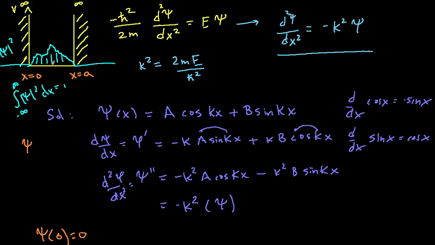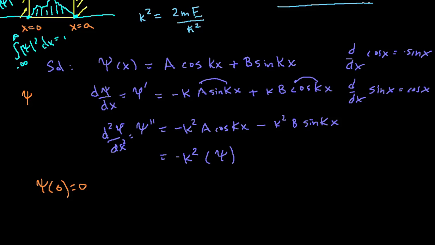But first, let's just look at the boundary conditions at this point here and at this point. At this point, the wave function has to go immediately to 0, and similarly at the other boundary point a. So that means that psi of 0 has to equal 0, and psi of a has to equal 0.